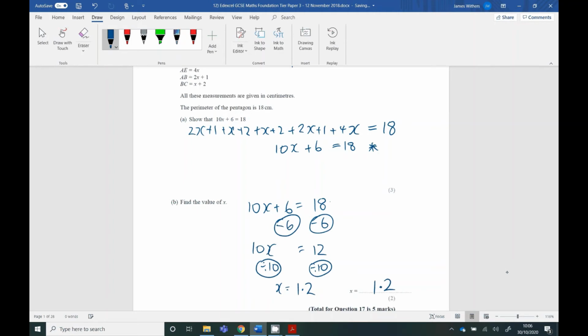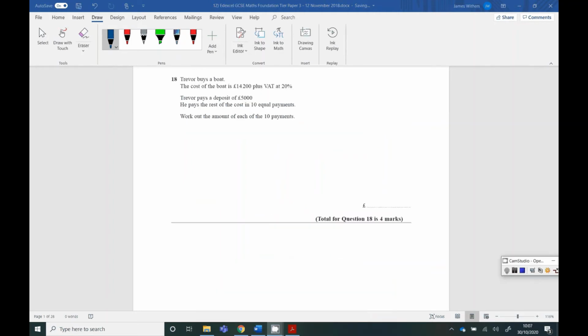Question 18. The cost of the boat is 14,200 plus VAT at 20%. You could work out what 20% of 14,200 is, or work out 10%, then another 10%, and add that on to 14,200. That would be absolutely fine.